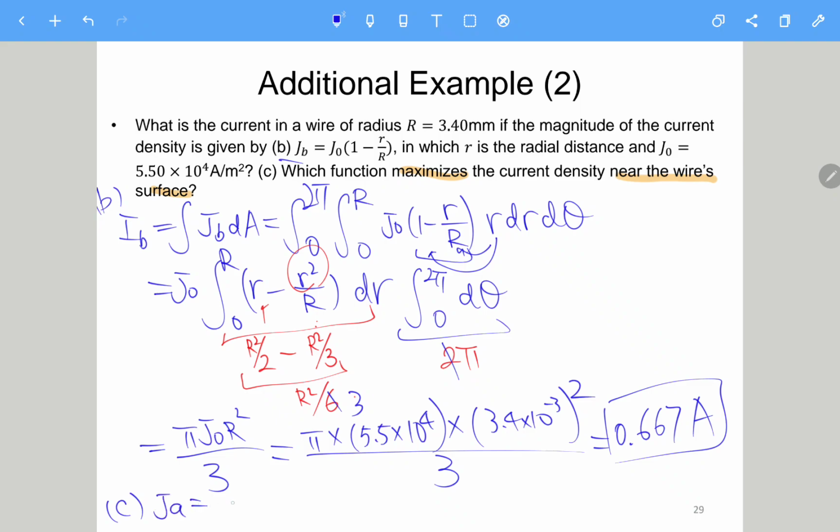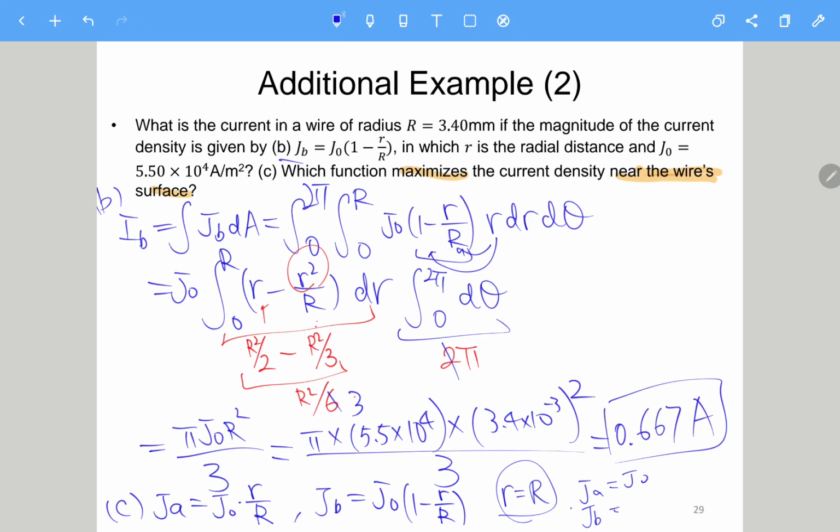For part C, you can observe that JA equals J0 times R over capital R, and then JB equals J0 times 1 minus R over capital R. So it asks you current density near the wire surface, which means that R is capital R. JA is J0 times capital R over capital R, so capital R cancels.